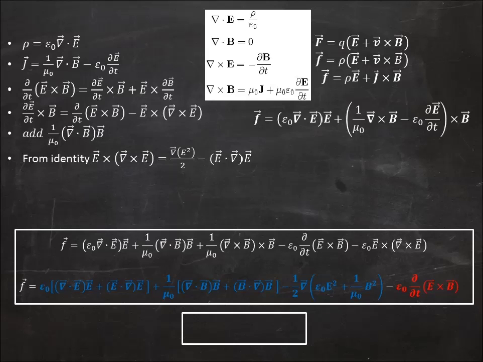It turns out that the term on the right, in red, the cross product of E and B, can be rewritten using something called the Poynting vector, which describes the energy in electromagnetic waves. The terms in blue turn out to be the divergence of the Maxwell stress tensor, so the entire equation simplifies as shown. It might not seem like it, but certain problems become much easier through the use of this formula.